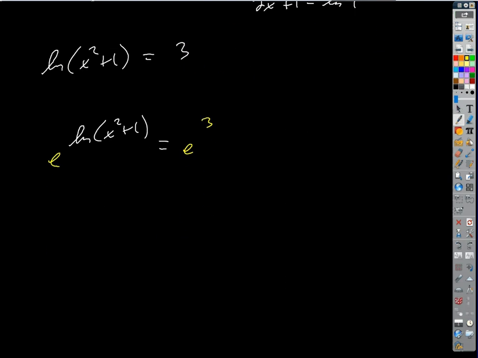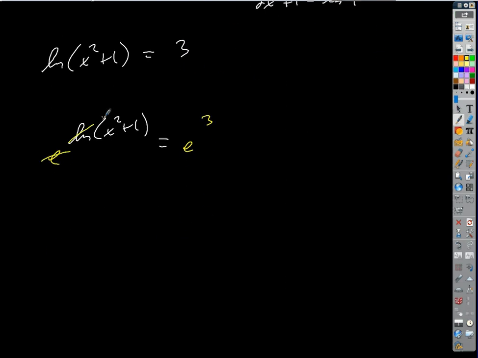And these undo each other, so I end up with just x squared plus 1 equals e to the 3. Once again, we get a bizarre answer because e to the 3 is just a number. I could subtract 1 and take plus or minus the square root of both sides, and get a decimal pretty easily with my calculator, right?